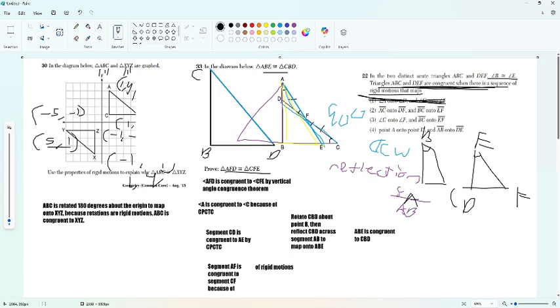Now let's see, AC onto DF and BC onto EF. Side-side-angle does not work, so we can cross that out. I remember that because it stands for ass. C onto F and BC onto EF, angle-side-angle, this one works.